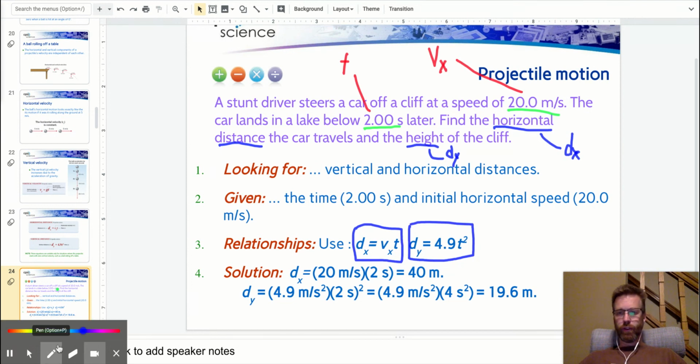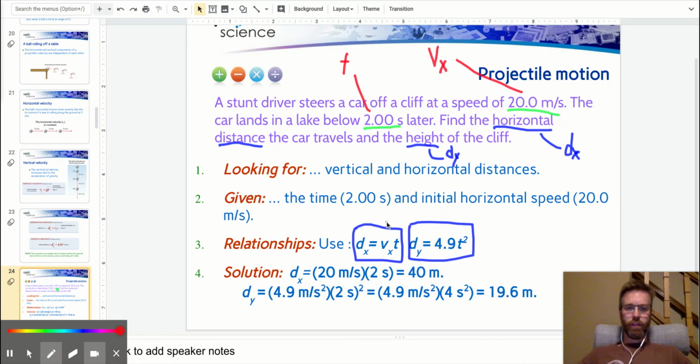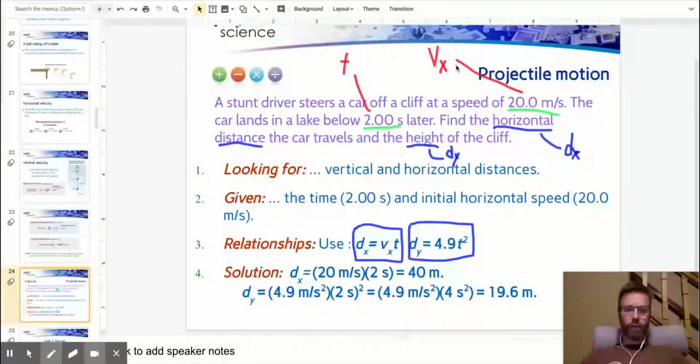So to solve this problem, all you're going to do is plug and chug, right? Vx is 20. This 20 meters per second goes in here for Vx. The t is our 2 seconds. Hey, 20 times 2, 40 meters.